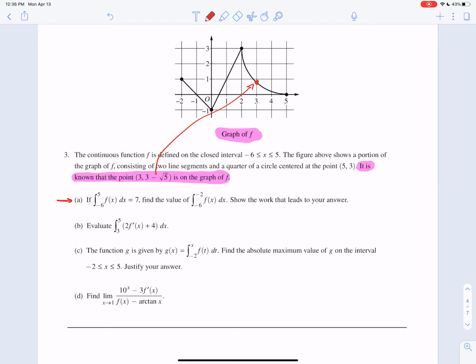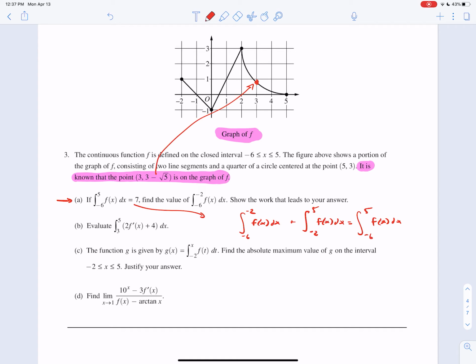2. Okay, so you see these type of problems on your multiple choice. You might not have remembered it because it's been so long, but imagine this, okay? Going from negative 6 to 5 is the same thing as going from negative 6 to negative 2, and then going from negative 2 to 5.